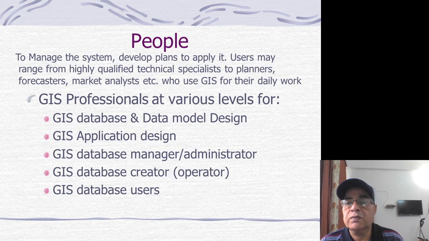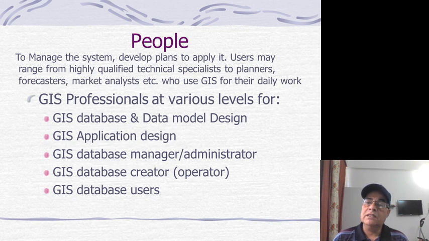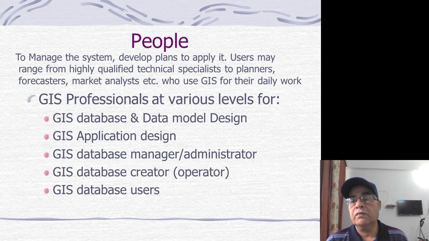So we require GIS professionals at various levels: GIS database and data model design, GIS application design, the person who is designing an application for a particular use, and then GIS database manager or administrator. We are talking about the GIS database creator, operator, or the GIS-based data users. So we require people right from the person who has created the software, then designed different tools, to the very basic level where people are inputting the data into the GIS. So we require people at different levels.